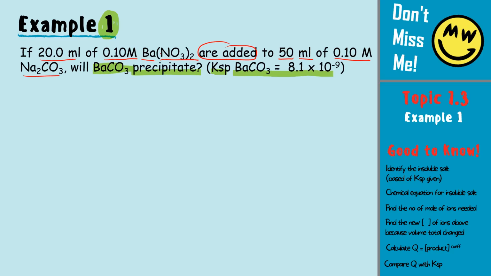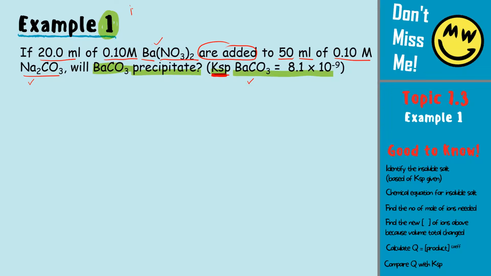So right now, looking at your question, you have three different salts. Your barium nitrate, your sodium carbonate, and your barium carbonate. So which salt is the one that we are looking at? Which one is our insoluble salt? Remember I said, the one with the KSP given or the one that the question is asking the KSP for.